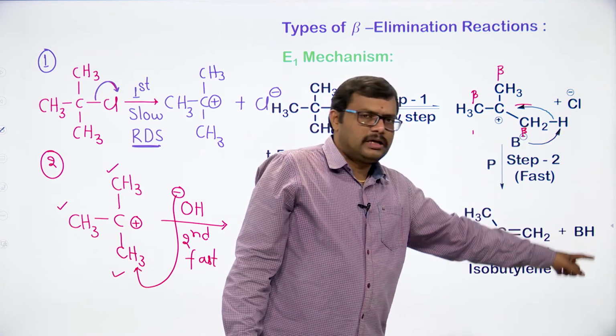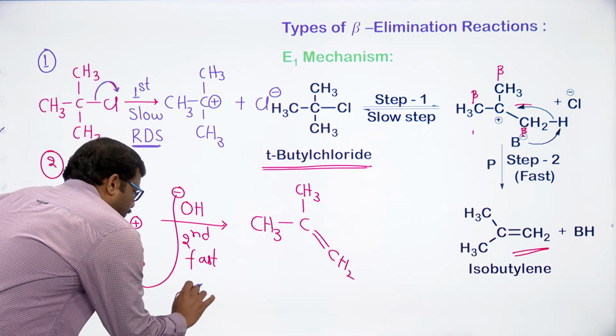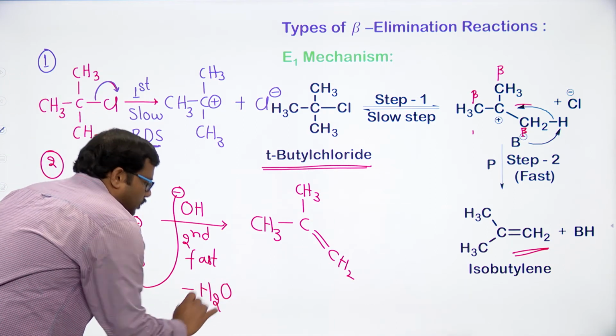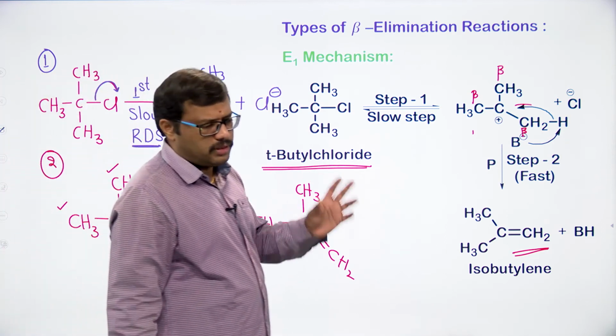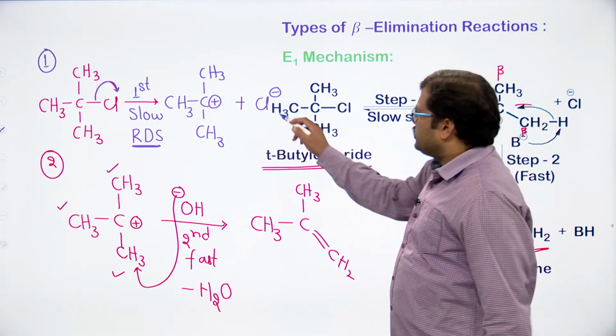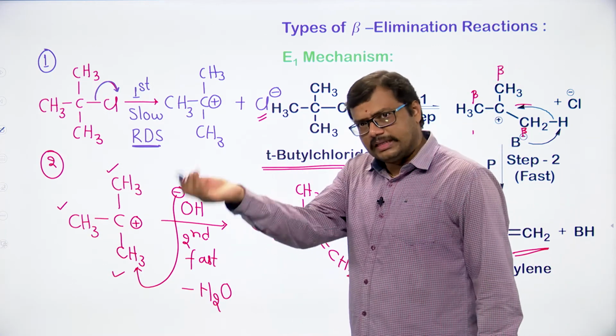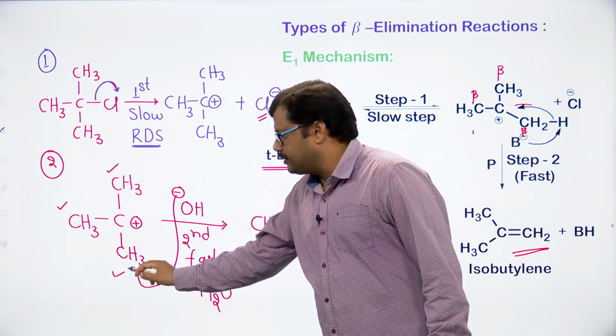So, B and H are going out. Here OH minus ion is abstracting the proton. So, here water is going out. H2O is going out. So, what is happening exactly? If you observe this reaction mechanism, first halogen is removed, followed by hydrogen is removed. Halogen and hydrogen both are removed.